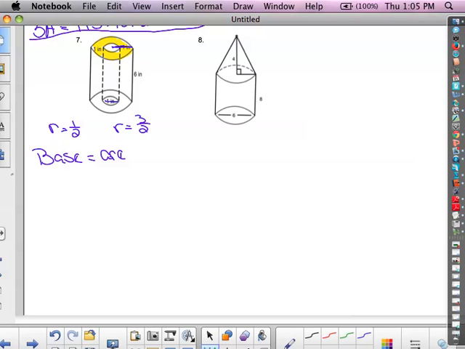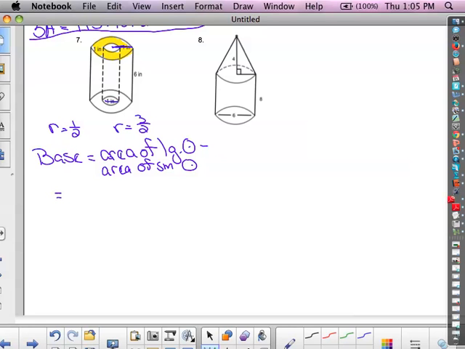So in order to find the yellow region, the base, I'm going to take the area of the large circle and subtract the area of the small circle. And that's going to give me that base.